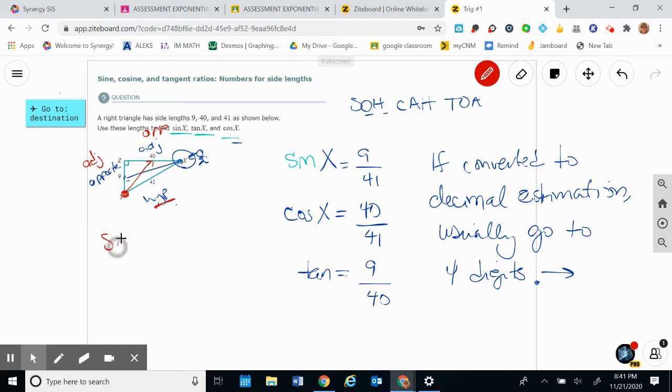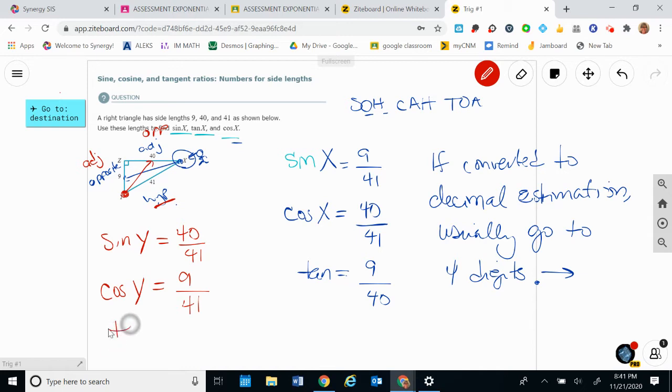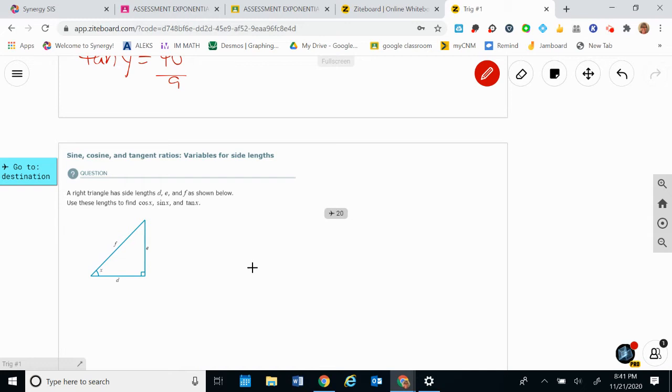So the sine of y is equal to opposite over hypotenuse, 40 over 41. The cosine of y is equal to adjacent, 9, over hypotenuse, 41. The tangent of y is equal to opposite over adjacent, 40 over 9. That's all it is, identifying the sides and putting it in.